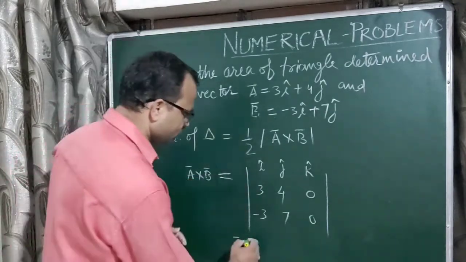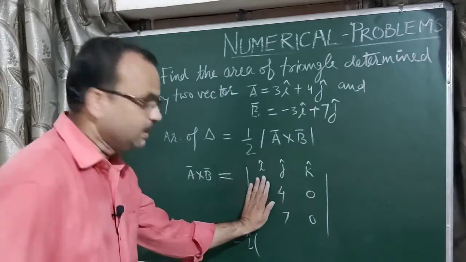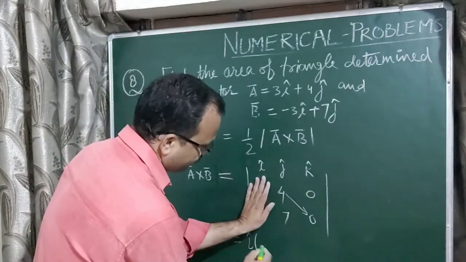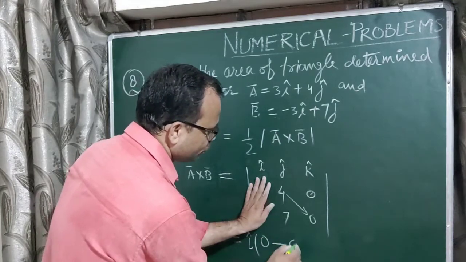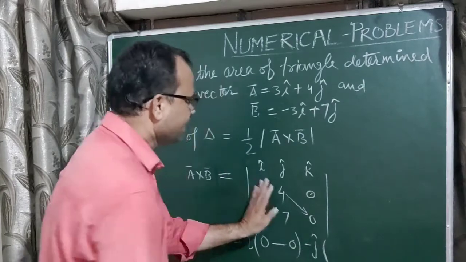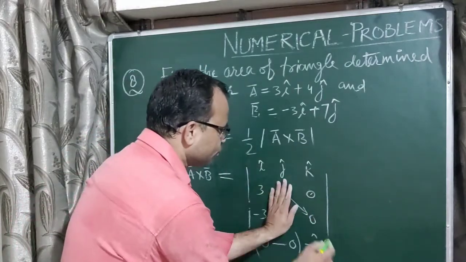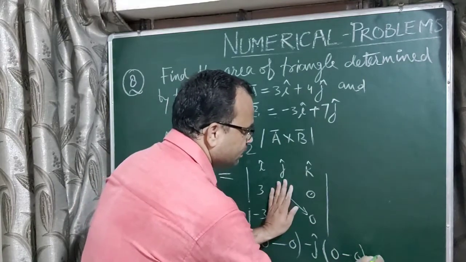So first write i cap, then hide the value of i, then multiply top to bottom, means 4 into 0, 0, minus sign, 7 into 0, 0. After that j is always negative, then hide the value of j. So 3 into 0, 0, minus 3 into 0, minus 0, then k.